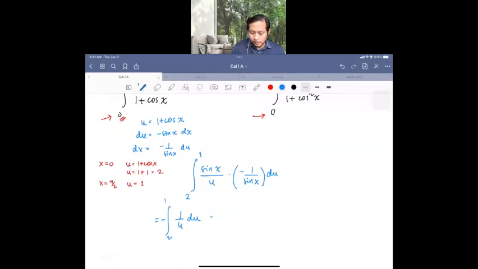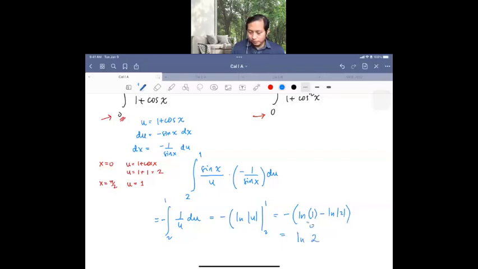The integral of 1 over u becomes ln, so negative ln u, and then from 2 to 1, so negative ln 1 minus ln 2.